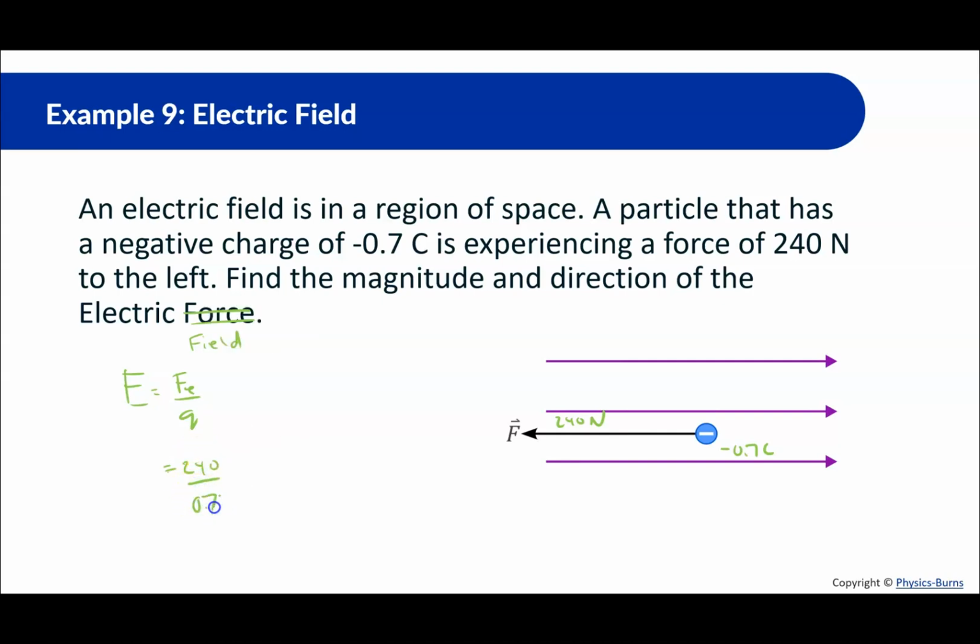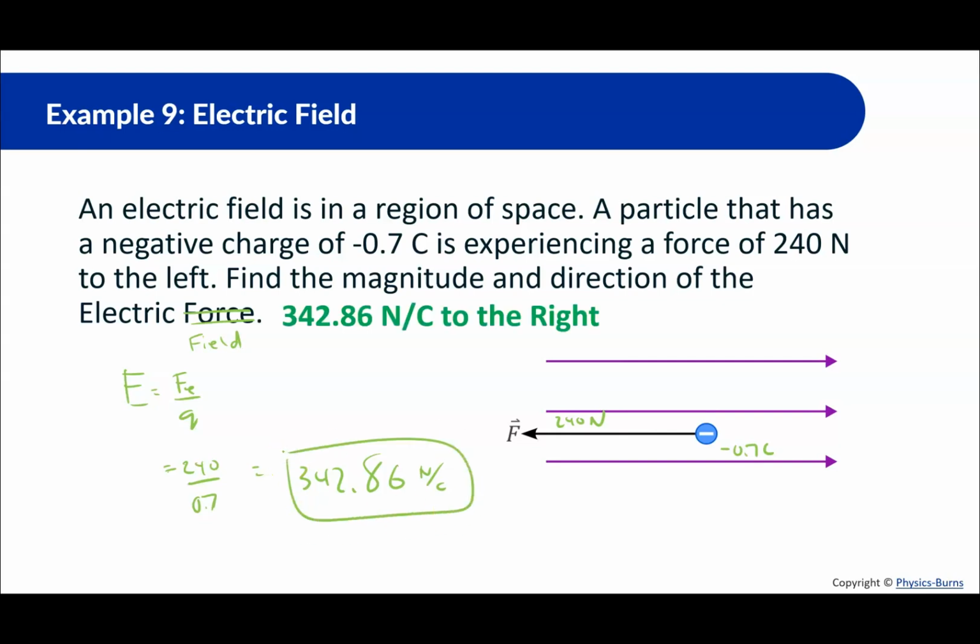So this is going to give us 240 divided by 0.7, which is 342.86 Newton per coulomb. Okay. And we know that it's going to be going to the right, because if this negative charge is going to the left, that means the electric field has to be going in the opposite direction, to the right.